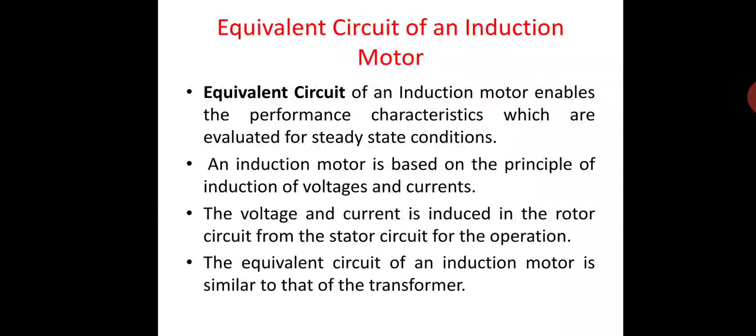But you know the transformer is a static machine whereas the induction motor is a rotating machine, yet the operation is the same for both. So that is why we say the induction motor is a rotating transformer, because the operation is the same but it has a rotating part.